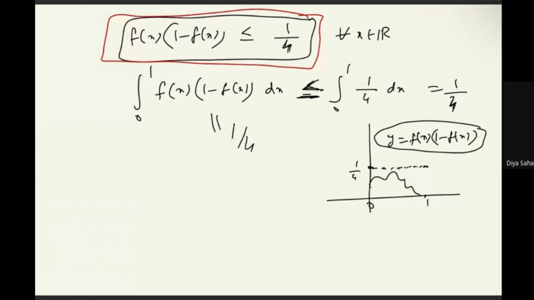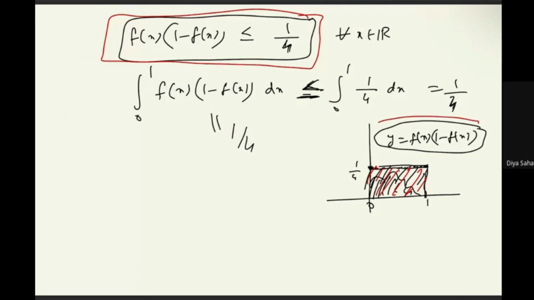Now you want the integral under this curve to be exactly 1/4. See, 1/4 is the area of this whole rectangle, right? So in order for both areas to be equal, what do you want? This function should be constant, right?